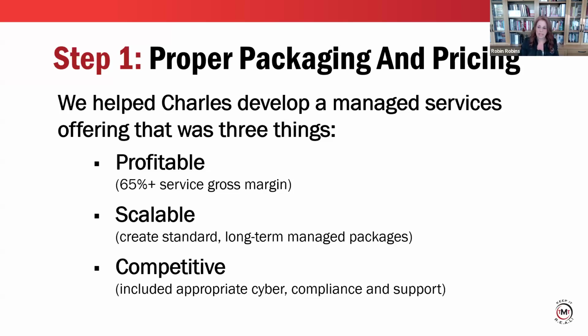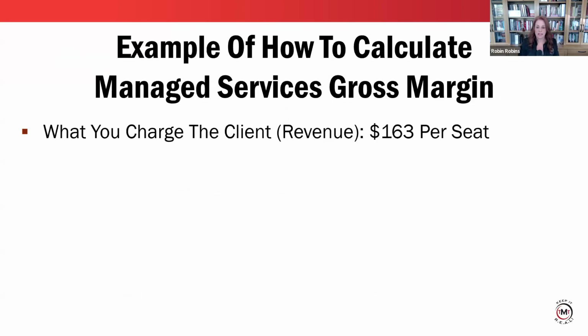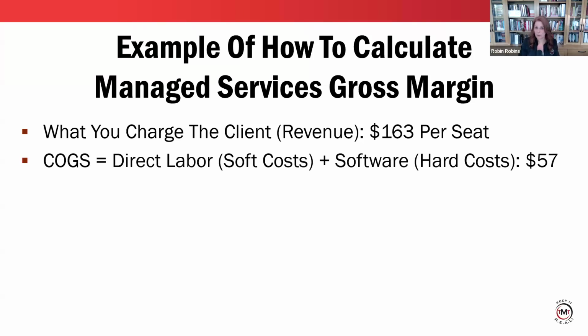So we did this for Charles. We put that together for him. And if you want to know how do you calculate managed services gross margin, here's a rough idea, just to give you kind of an idea of this. If you charge 163 per seat, let's say, and COGS, which is direct labor, the engineer's time in supporting that client, which are your soft costs, and then plus software, like whatever RMM, PSA tool, whatever tools you're putting on there, let's say that is $57 per month.